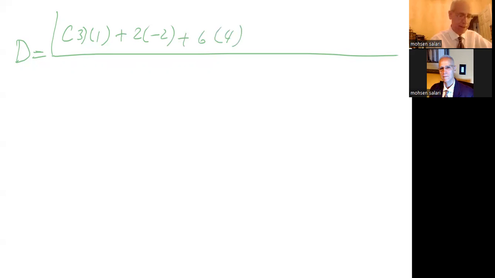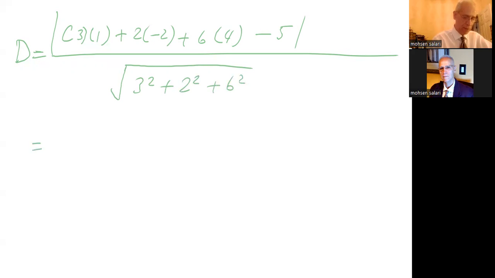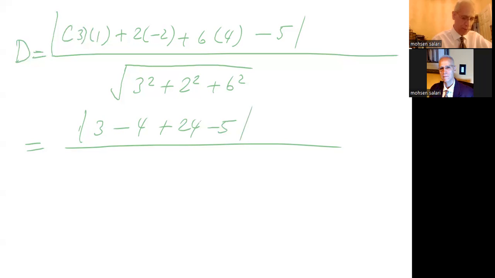We said that minus d is 5, so d is -5, all over the square root of 3 squared plus 2 squared plus 6 squared. That equals 3, then -4, then 24, then -5, over the square root of 9 plus 4 plus 36.